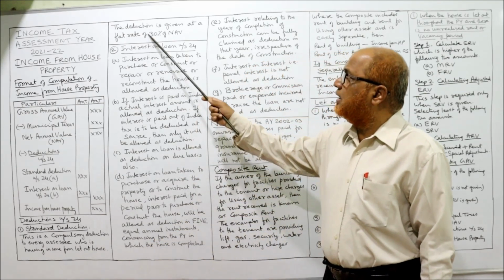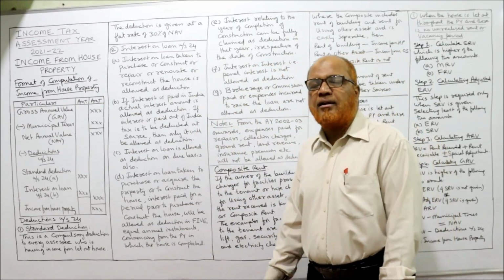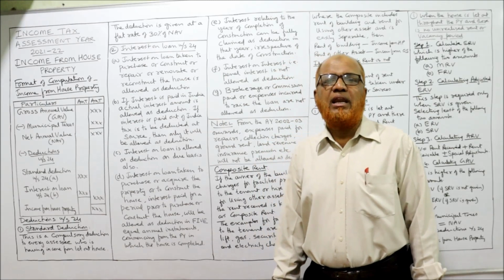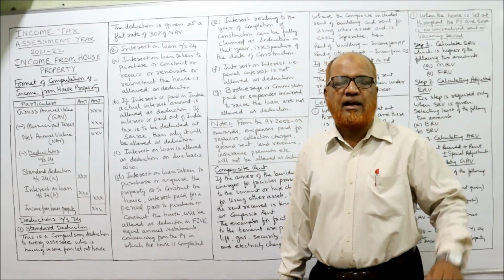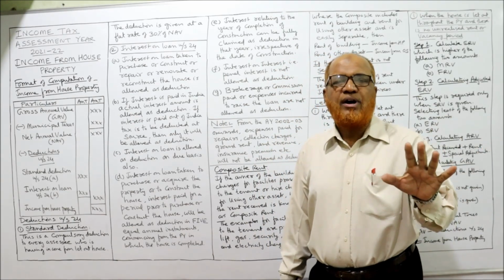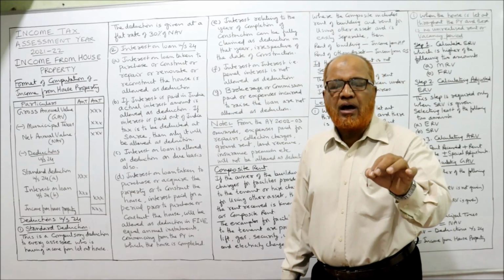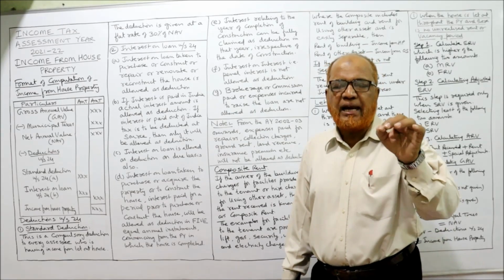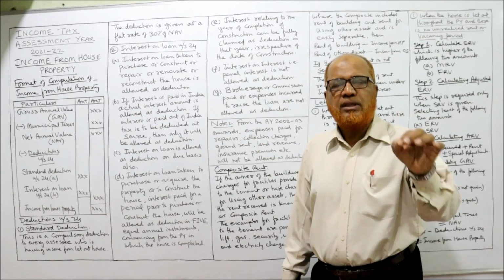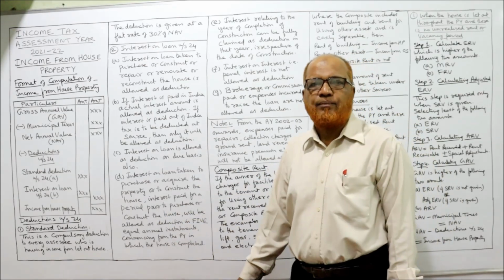It is given at a flat rate of 30% of NAV. This is the provision given by the IT Act. It will not be specified in the problem. You have to remember that in every problem, when the house given is a let out house, you have to give this compulsory deduction.